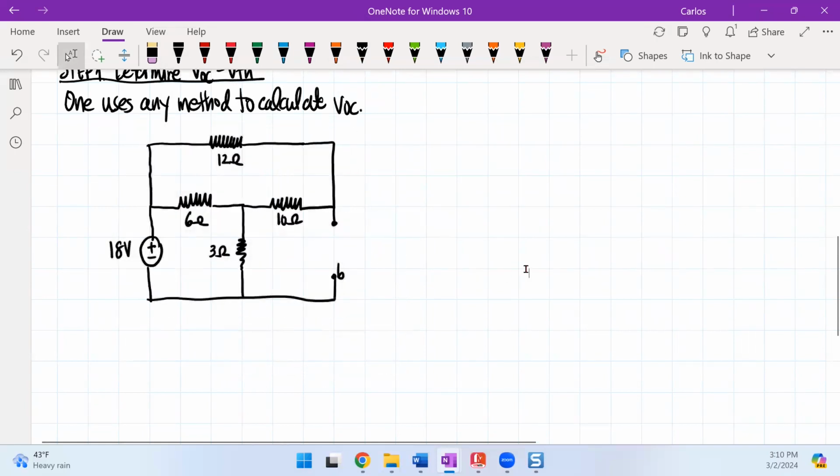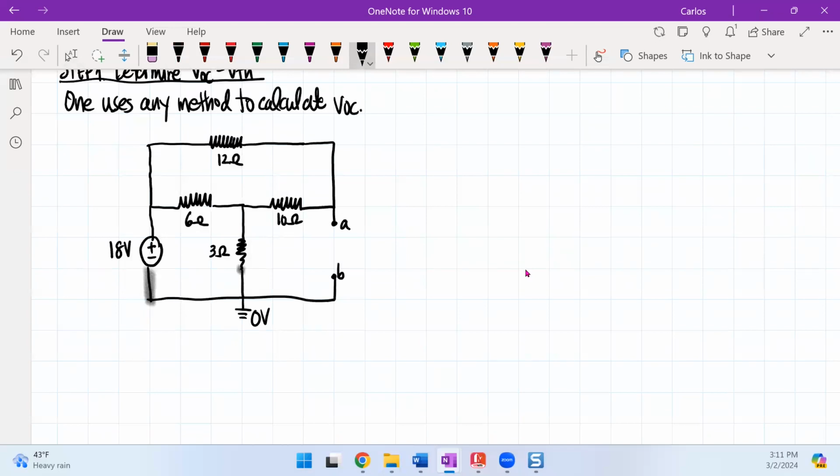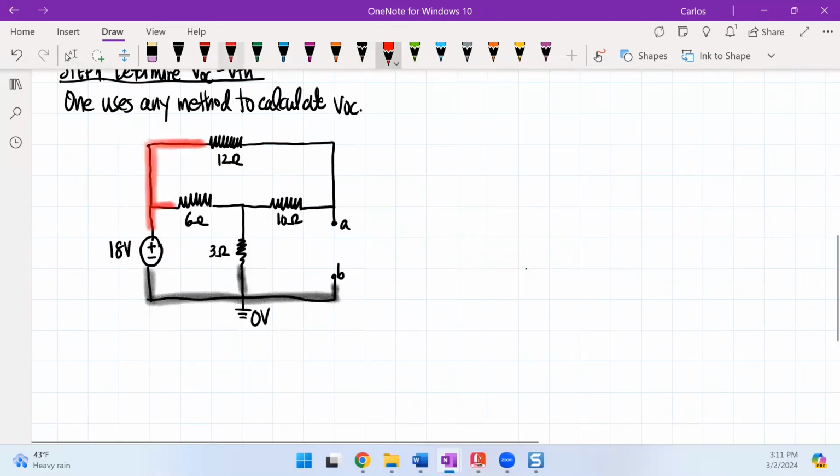Let me add my A. I'm going to identify the nodes. The first thing that I want to do is put my ground right here. This is clearly the ground node, so B is the ground node. This node right here is 18 volts.